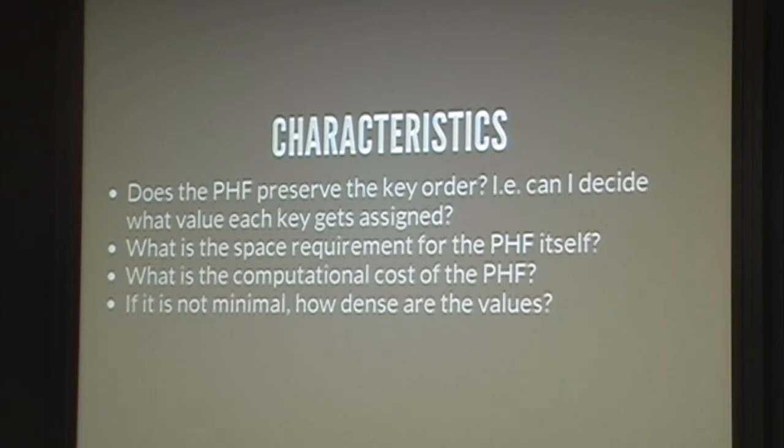The second important question is, well, how much space do I need for the hash table description? And what computational cost is associated with it. If it's not a minimal perfect hash function, it's also useful to know how dense it is, because, well, that's additional overhead I have to pay for.